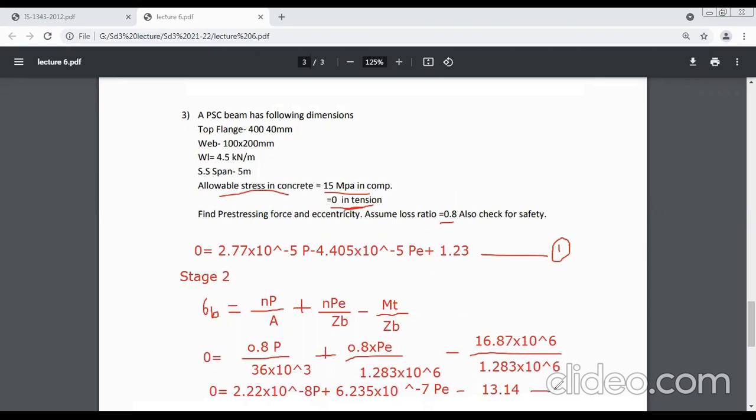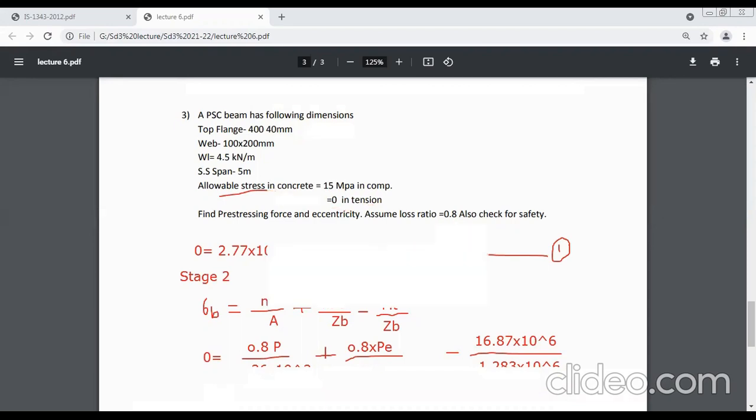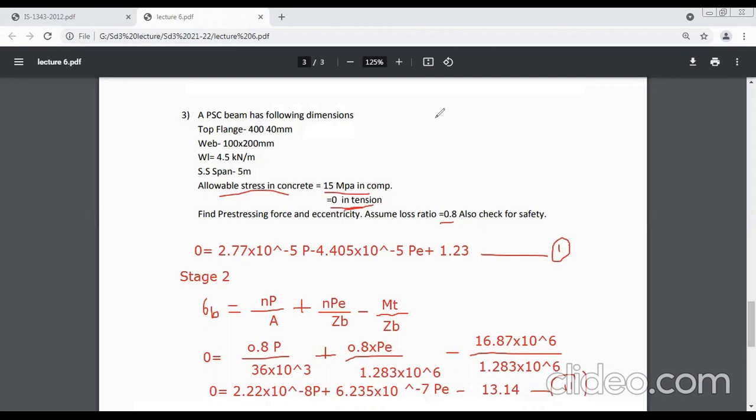To solve these quadratic equations, you will get P and PE. Solve this on your calculator. How can you solve this one?